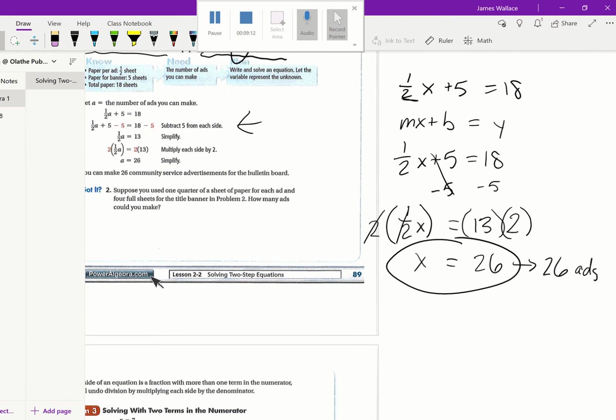Imagine your boss, if you really were working for an advertising company, comes in and tells you, hey, I want you to figure out how many ads we can make with this much paper. If you come to him and say, hey boss, x equals 26, he's going to be like, what the heck are you talking about? So you want to give that as the answer right here, 26 ads.